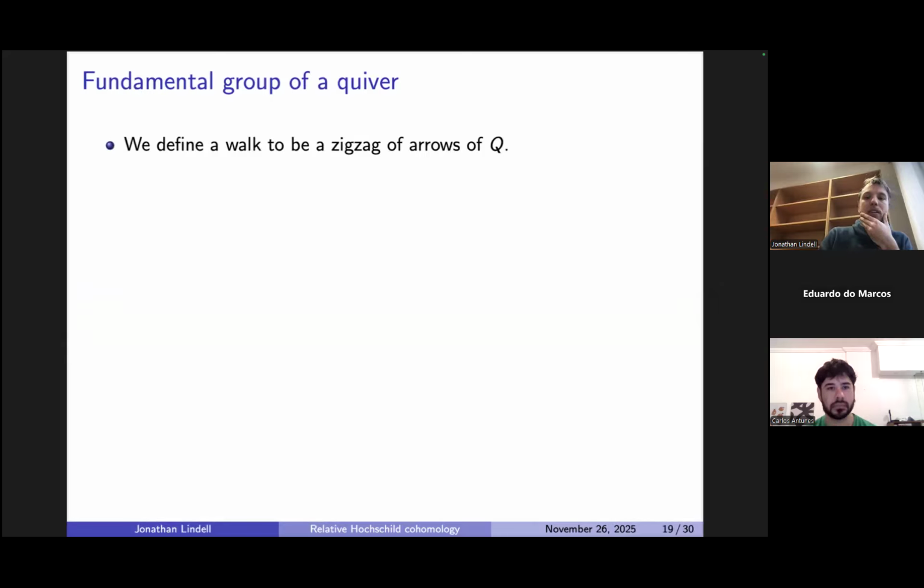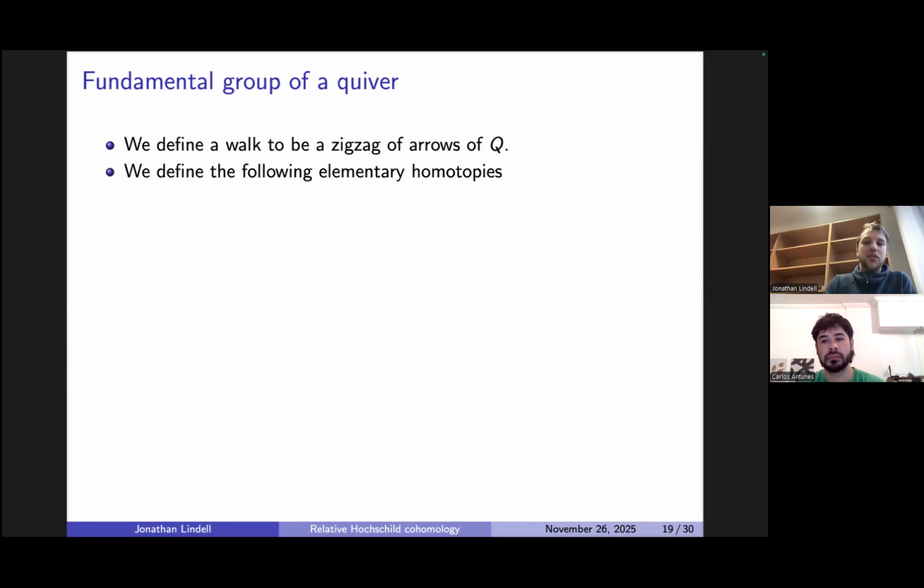And now that we have a presentation, we can define what we mean by a walk. A walk we define to be a zigzag of arrows in Q, so just walking around the quiver without keeping notes of which direction the arrow points. And then we have the following elementary homotopies on our walks.